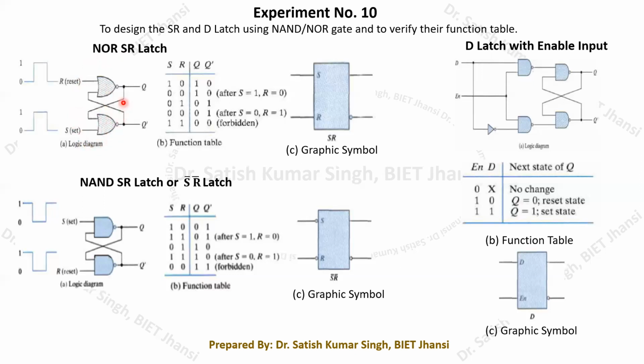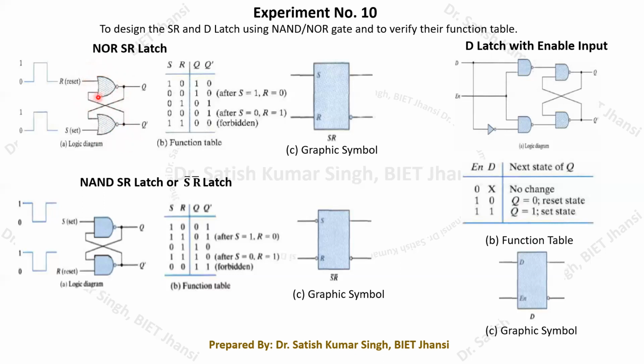As we know, a NOR gate has two inputs and one output pin. Here the output of one NOR gate is connected to one of the input pins of the second NOR gate. Similarly, the output of the second NOR gate is connected to one of the input pins of the first NOR gate.